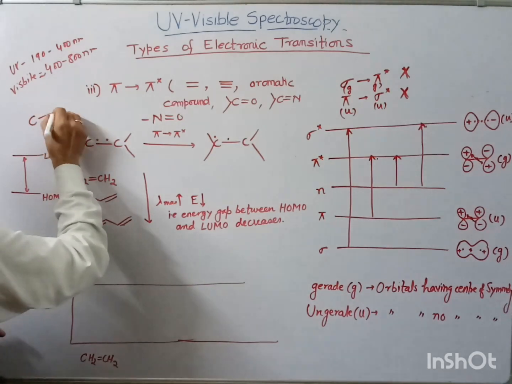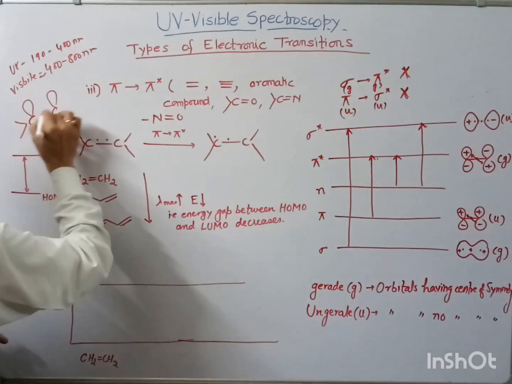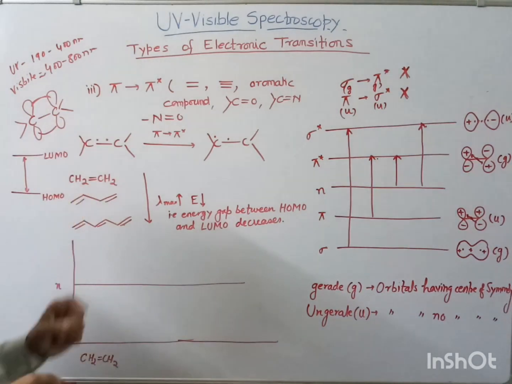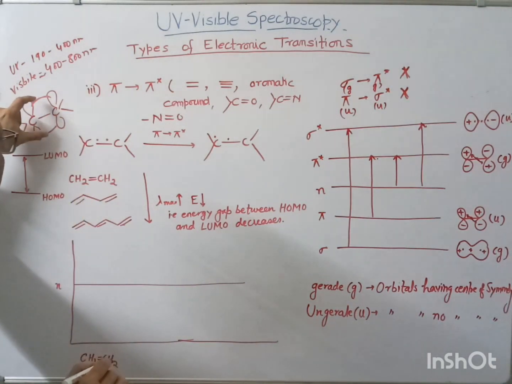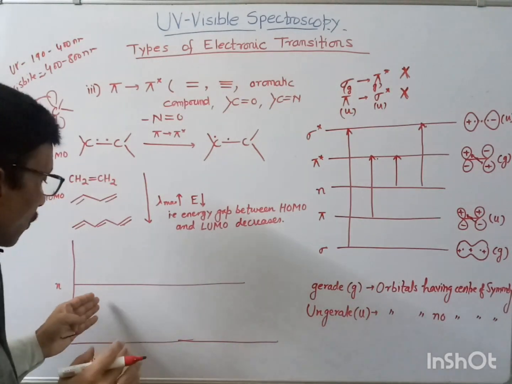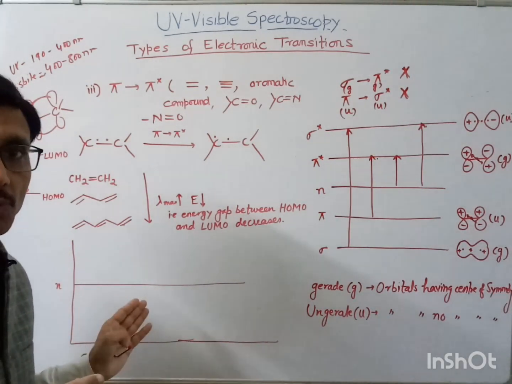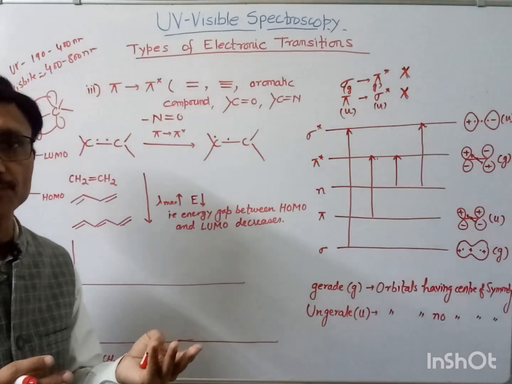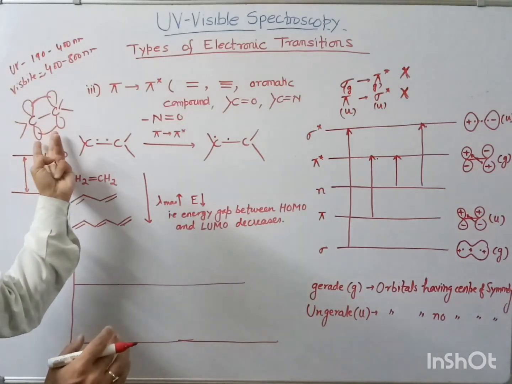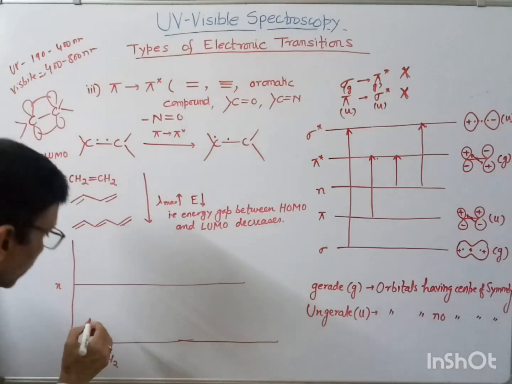Two p orbitals are present in ethene, and these two p orbitals overlap to form a pi bond. As two p atomic orbitals are involved, the number of molecular orbitals formed will be 2. The same number of molecular orbitals are formed as the atomic orbitals combined. So two p atomic orbitals combine to give two molecular orbitals in case of ethene.